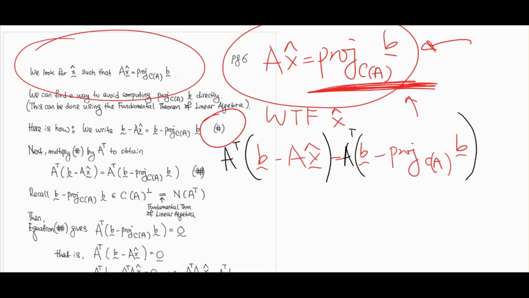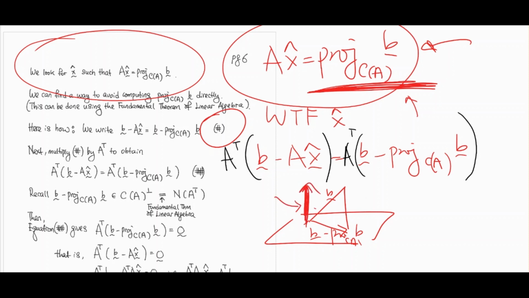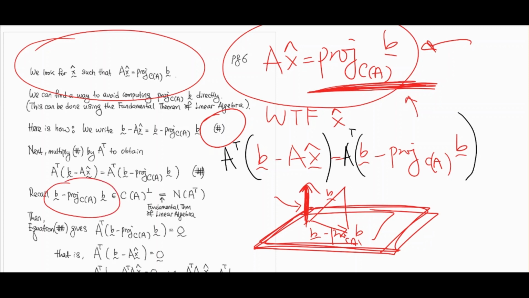If you notice, this b minus the projection of b onto the column space of A is a member of the column space of A perp.